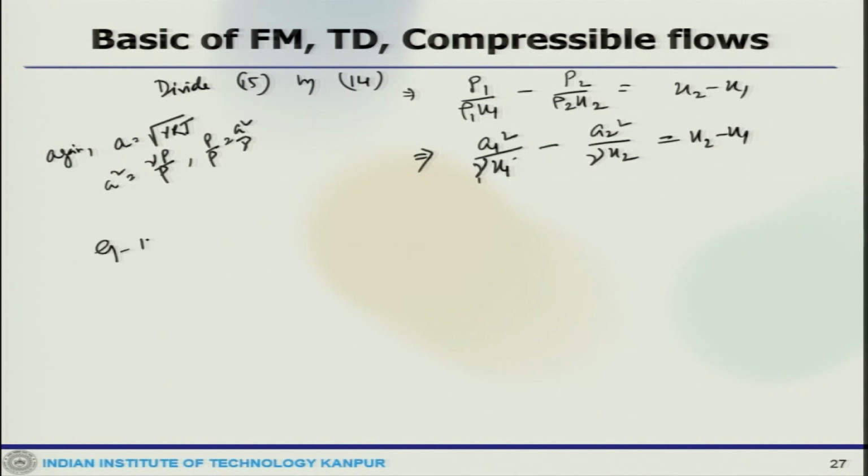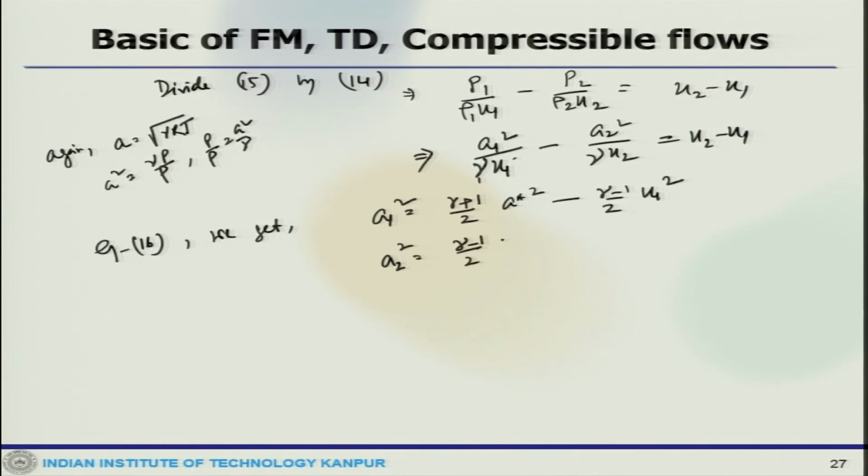Now, from equation 16 we get a 1 square equals gamma plus 1 by 2 a star square minus gamma minus 1 by 2 u 1 square. So, you can write a 2 square equals gamma plus 1 by 2 a star square minus gamma minus 1 by 2 u 2 square. This is happening because the flow is adiabatic, a 1 star is a 2 star.